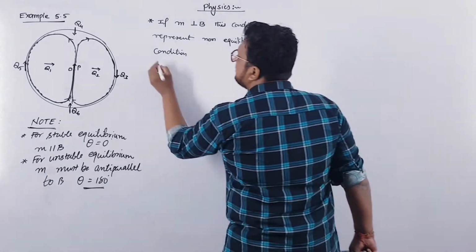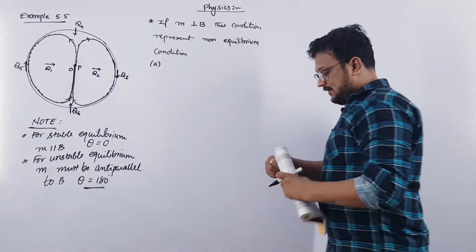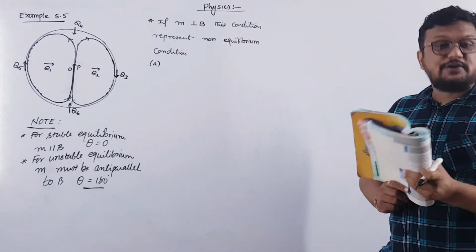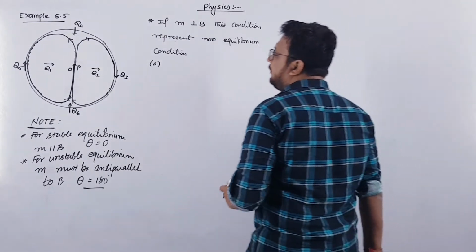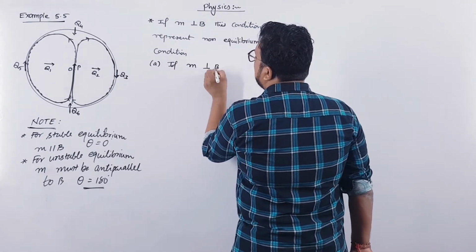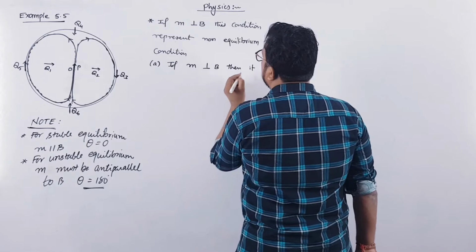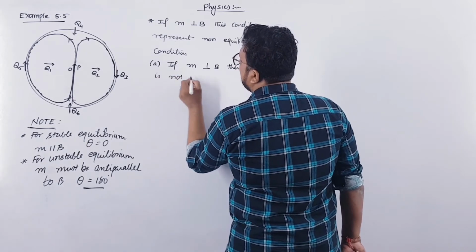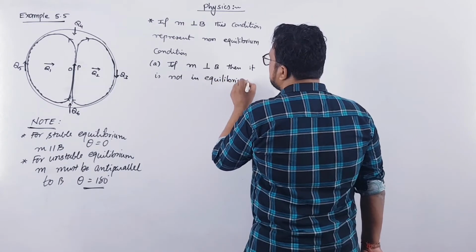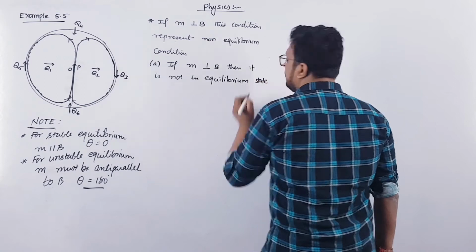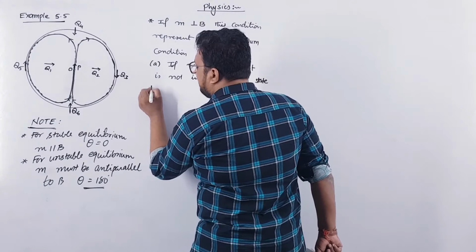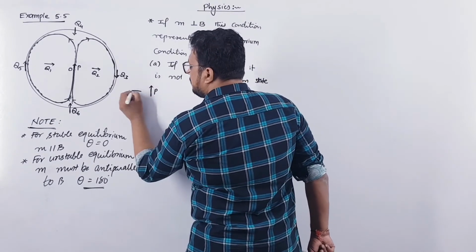So the first condition which we have to answer is, in which configuration the system is not in equilibrium. So here, if M is perpendicular to B, then it is not in equilibrium state. Here you can see that P is in this direction, and Q1 is in this direction.